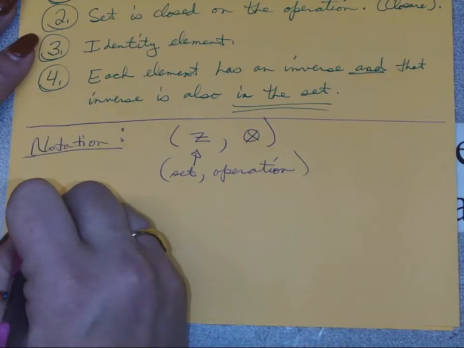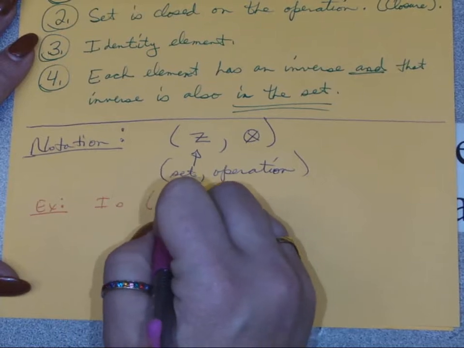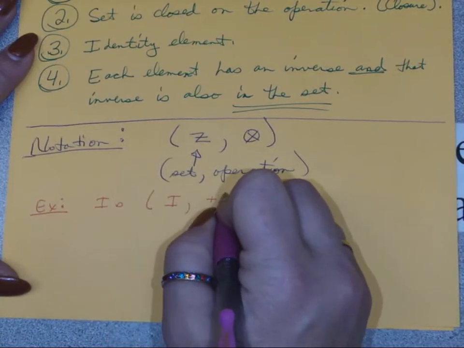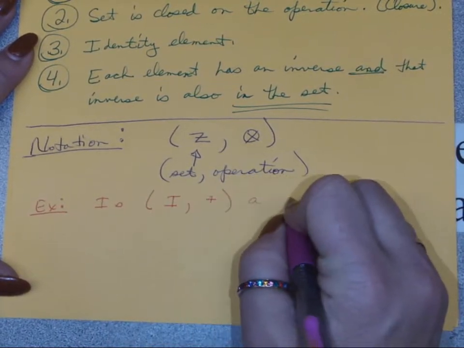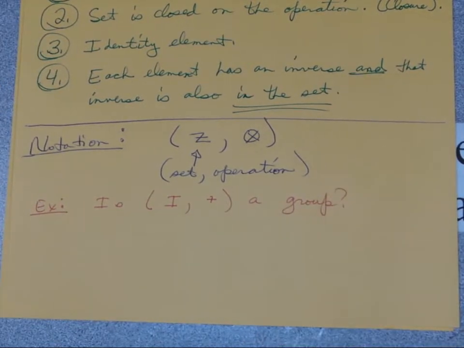What I want to know is, this guy, I, comma, plus, is it a group? So how do we start? What's I?